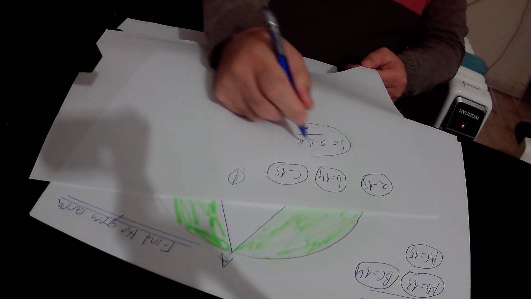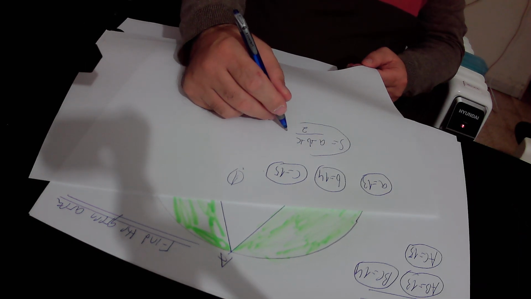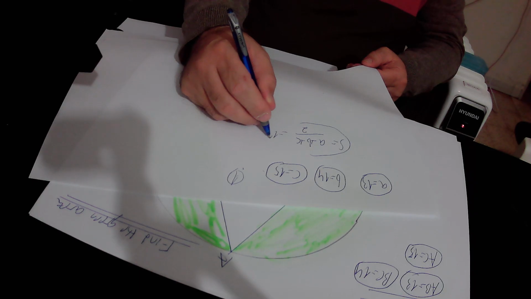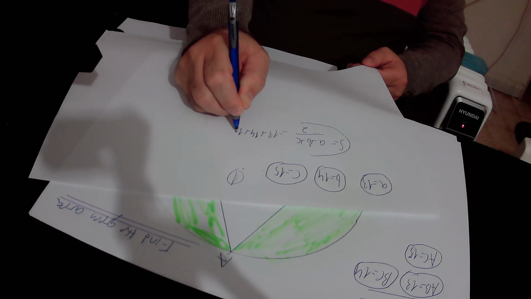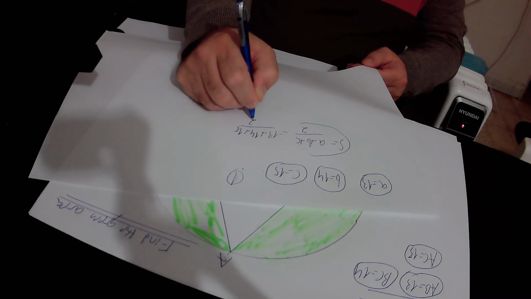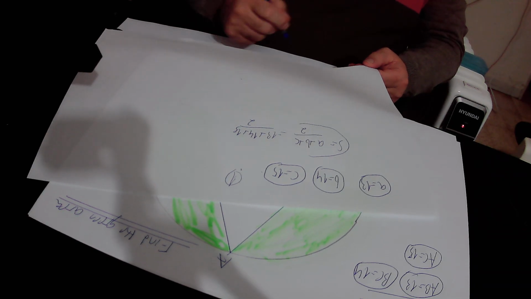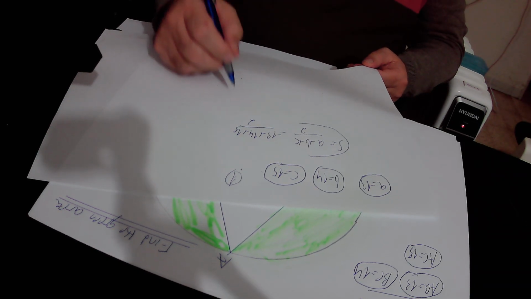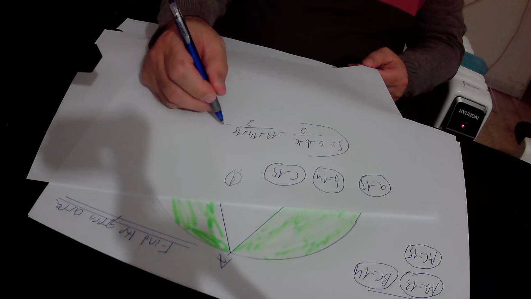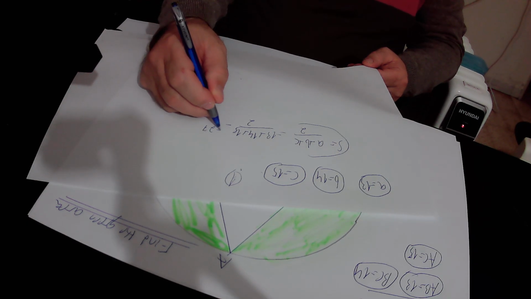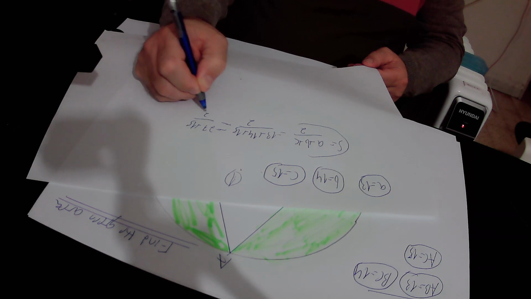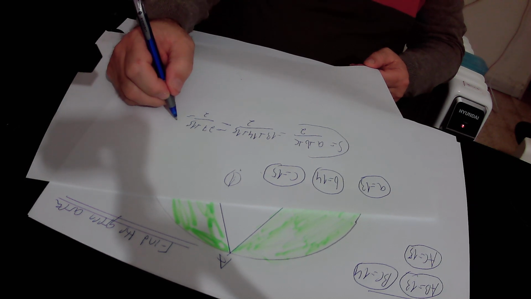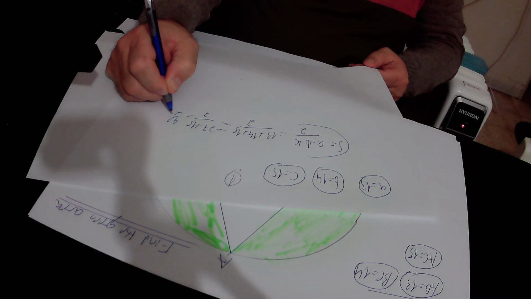So the semi-perimeter of our triangle ABC equals A, that is 13, plus B, that is 14, plus C, that is 15, over 2. Here 13 plus 14 is 27, plus 15 is 42, and 42 over 2 is 21.